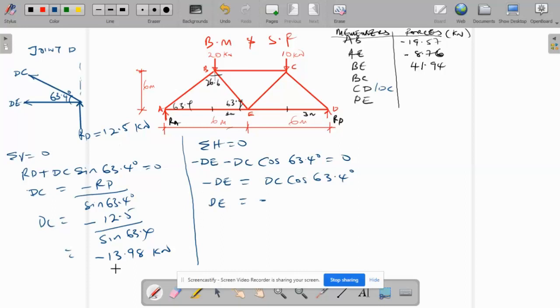Got DC as negative, with that negative multiplied with this negative, we have positive 13.98 cos 63.4 degrees. So we multiply 13.98 by cos, and what we have will be 6.259, which is 6.26 kilonewton. So we have gotten that.